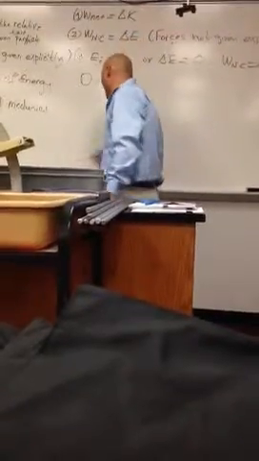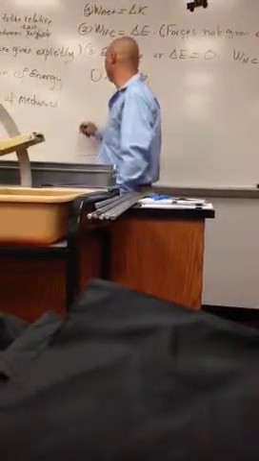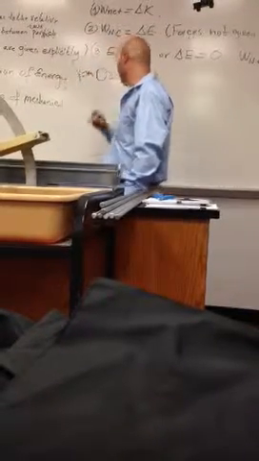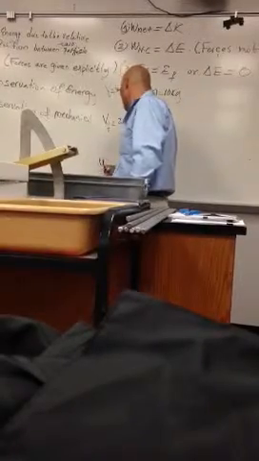It's falling to the ground, where the ground is 3 meters. So Y initial is 3 meters from the ground. Find Y final at 2 meters and find Y final, another one.